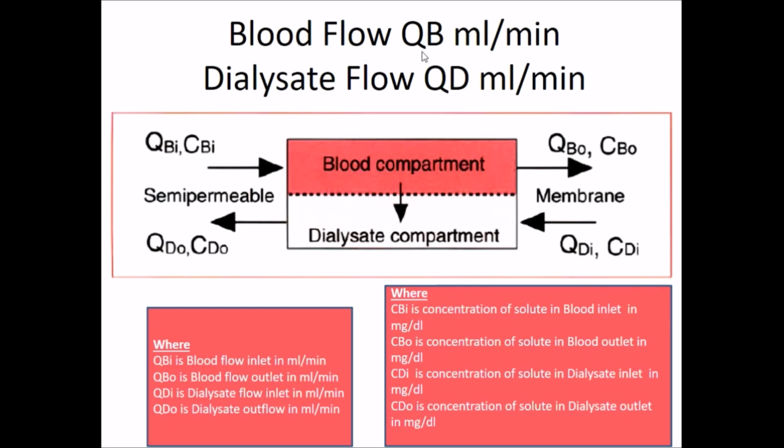The blood flow is called QB and the dialysate flow is called QD, and both are in milliliters per minute. The blood compartment is separated from the dialysate compartment by a semi-permeable dialysis membrane.